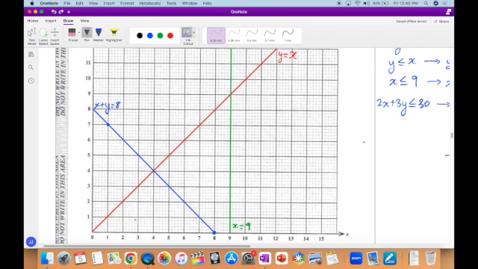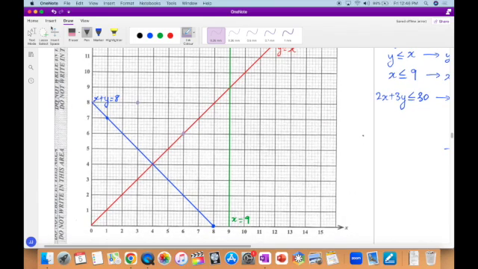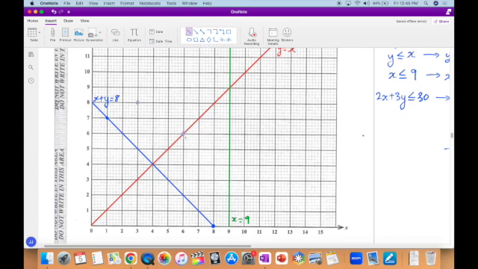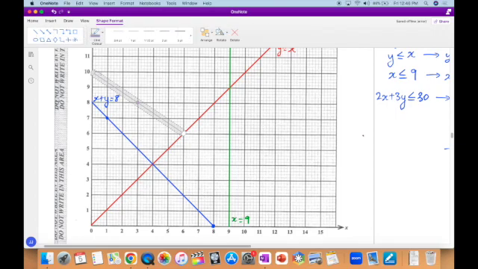So 3, 8 is about here. And then 6, 6 is about here. So now I have this line, and you do need to stretch it all the way across.